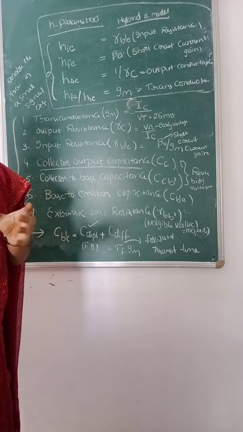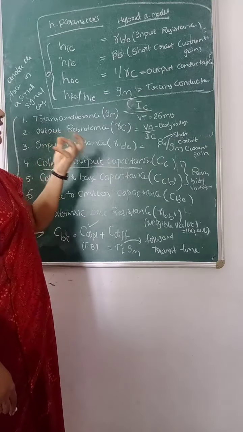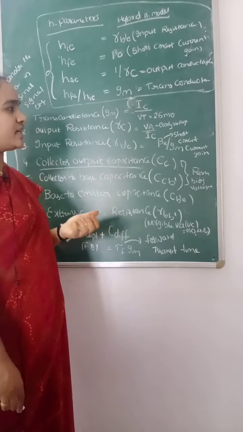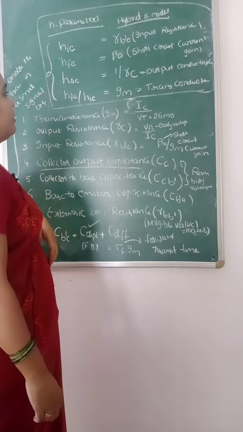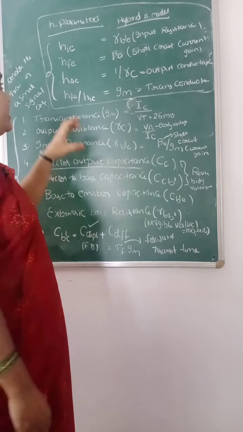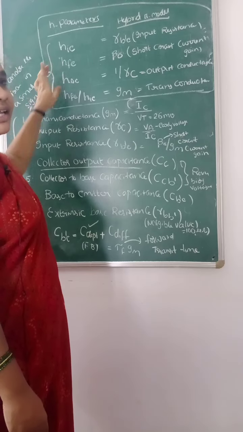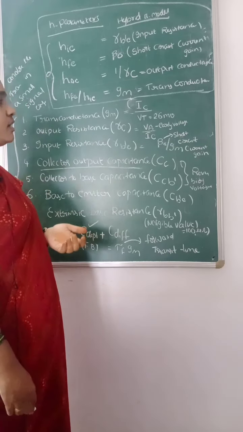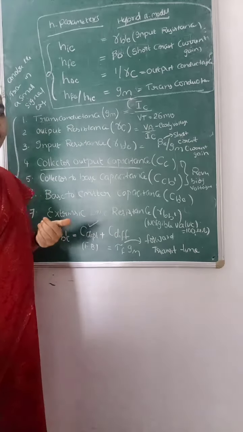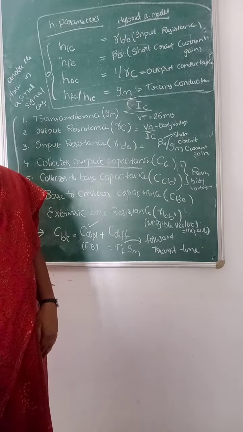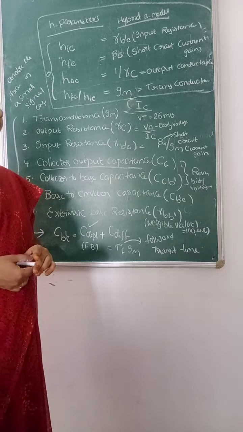In order to study the conductance and the capacitance and the current amplification, these 4 parameters should be studied. By using these 4 parameters, we can calculate how much the signal will be amplified and what the ratio of the current gain of the output signal is.